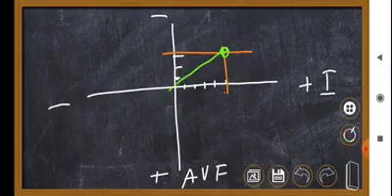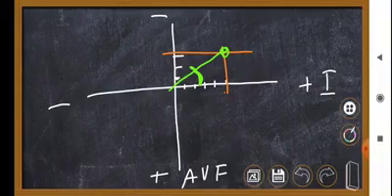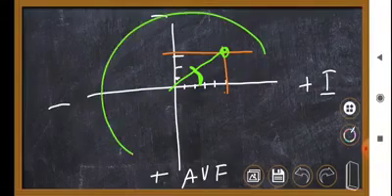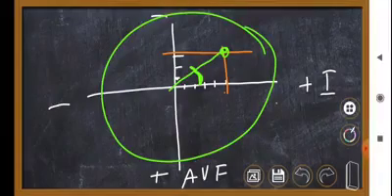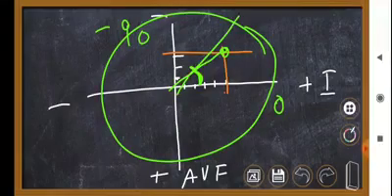Now we have to calculate this angle. So it's almost, we have already discussed that this is 0 and this is minus 90, and this will be between 0 and minus 90, minus 45, so it's almost minus 40.